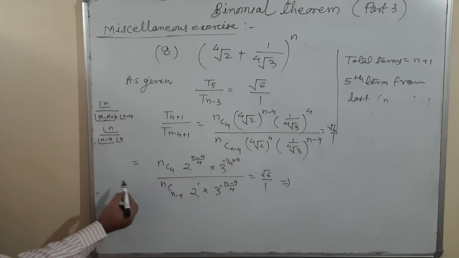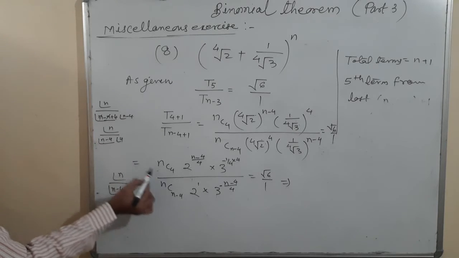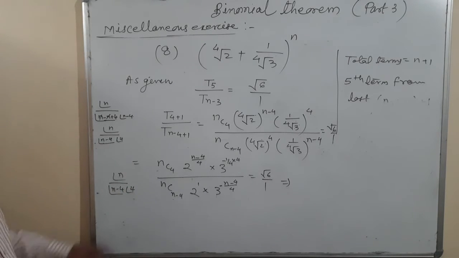We'll simplify this term. See, factorial n upon n minus 4 and factorial 4, and this is also factorial n upon n minus 4, factorial 4. Both the terms are the same, so they will be cancelled.